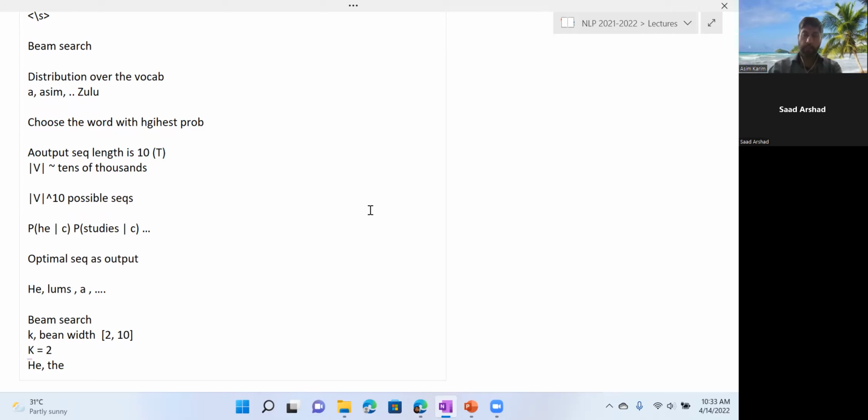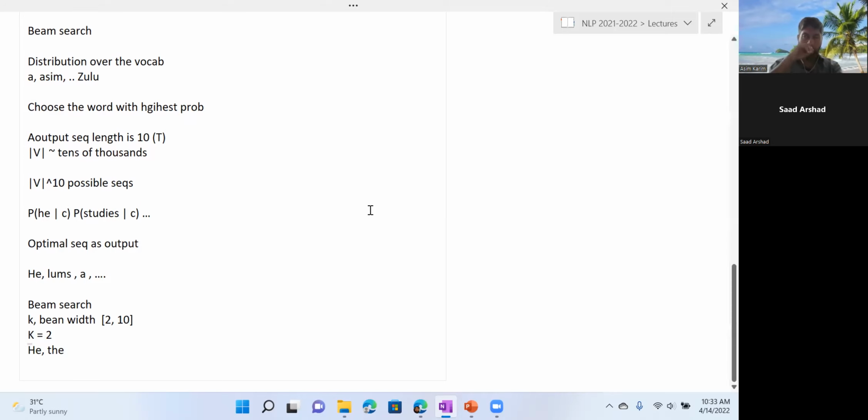So this is the first step. आपके पास दो options हैं. Let's say he की probability ज़्यादा थी, according to the model, and then the, this is the next, but you are considering both of them. So when you go to the next step, ठीक है, next step में फिर आपने एक दफा उसको ही डालके आउटपुट करवाना है. So let's say he आपने context किया, और इसके बाद आपने दो highest probability के निकाले.